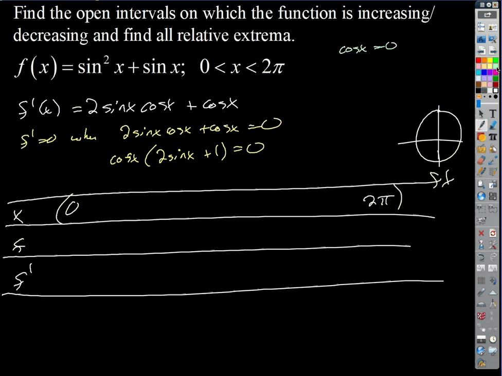So we're going to get that spot and that spot. Between 0 and 2 pi, that's going to be at pi over 2 and 3 pi over 2, on our interval. Agreed? Okay, so critical numbers there.